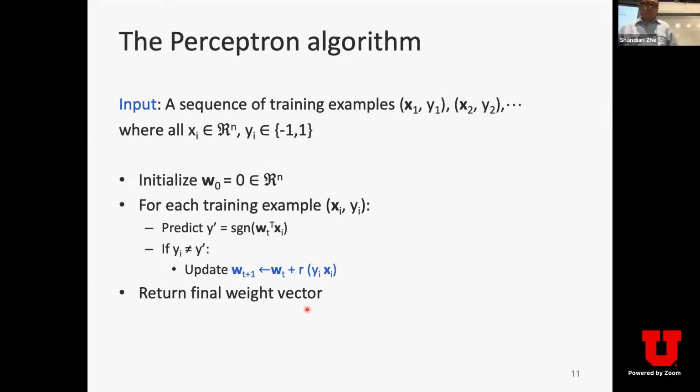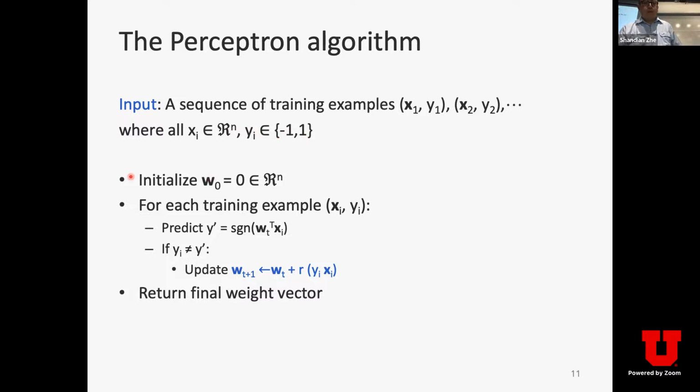Now let us look at the perceptron algorithm. We assume our input is a sequence of training examples, x1, y1, x2, y2, and so on. The feature vectors are n-dimensional, and your label is either -1 or 1.